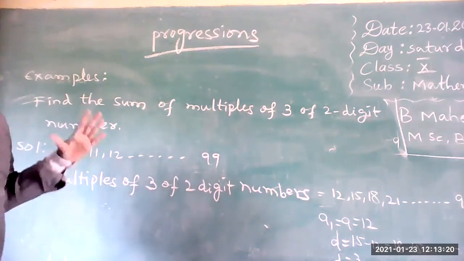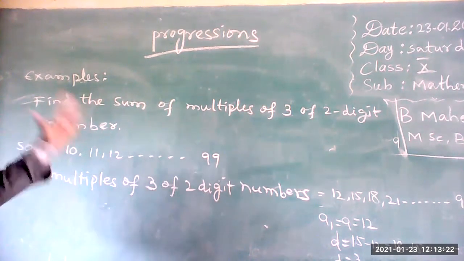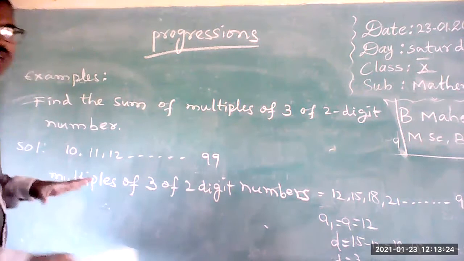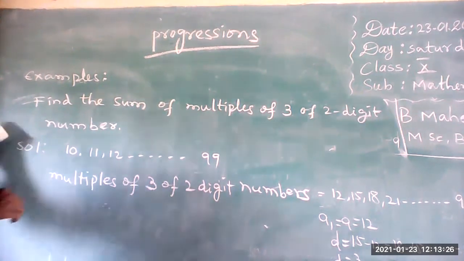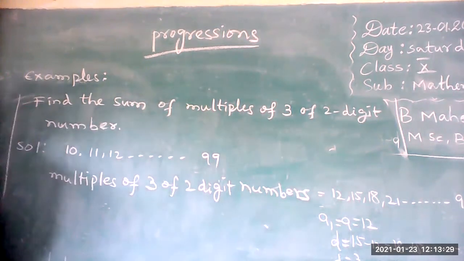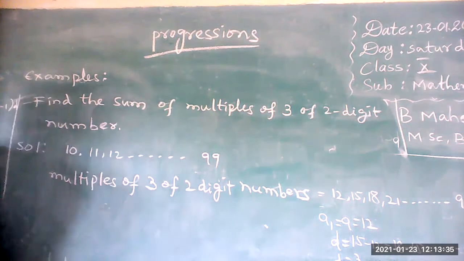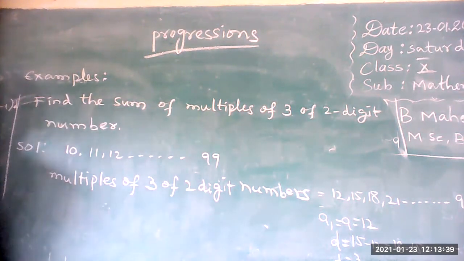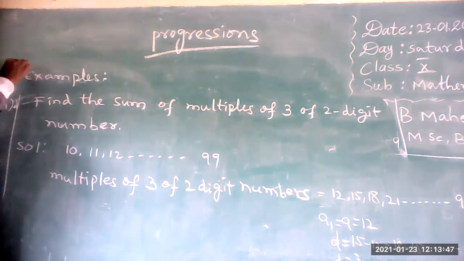First, find the nth term of the given series. How many terms are there in the given series? The nth term formula is An equals A plus n minus 1 into D. Here An is not given, but L, the last term, is 99.